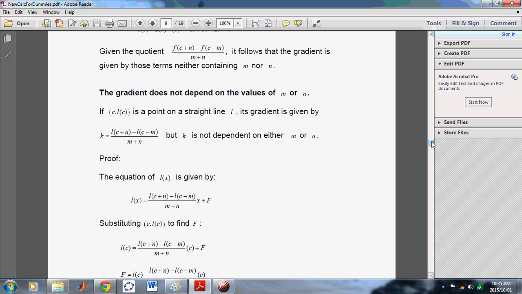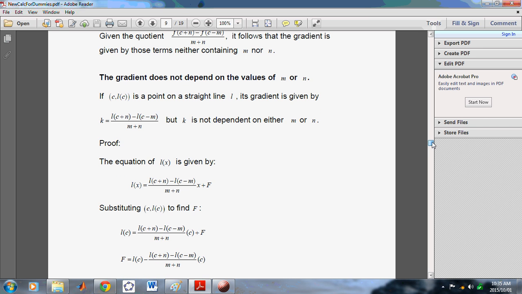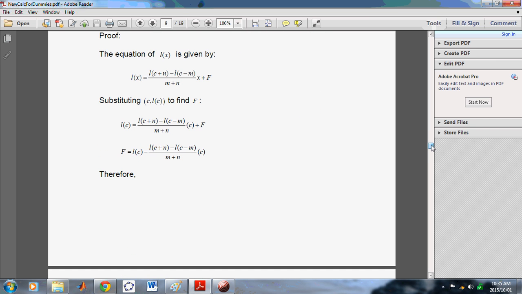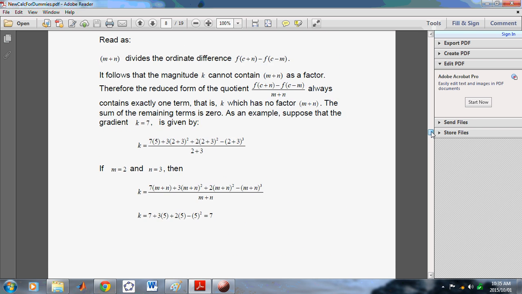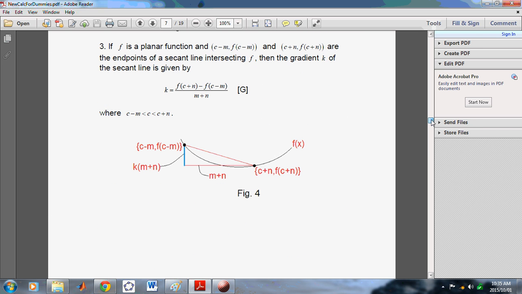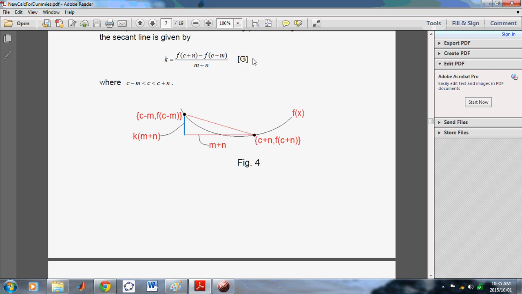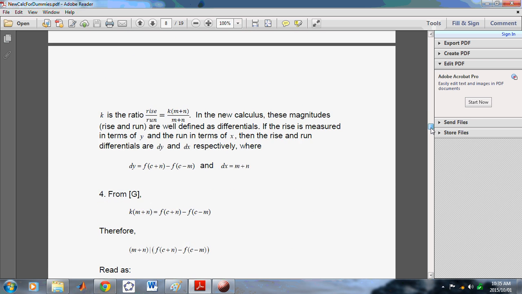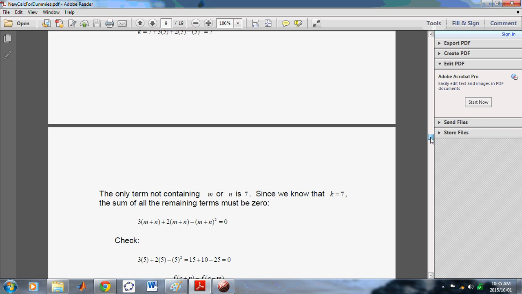So this here is perhaps the simplest method, or the simplest proof, that every parallel secant line will have this gradient, as you see in formula G here, and thus it will be the slope of the tangent line at c. And all these things are proved in my articles.